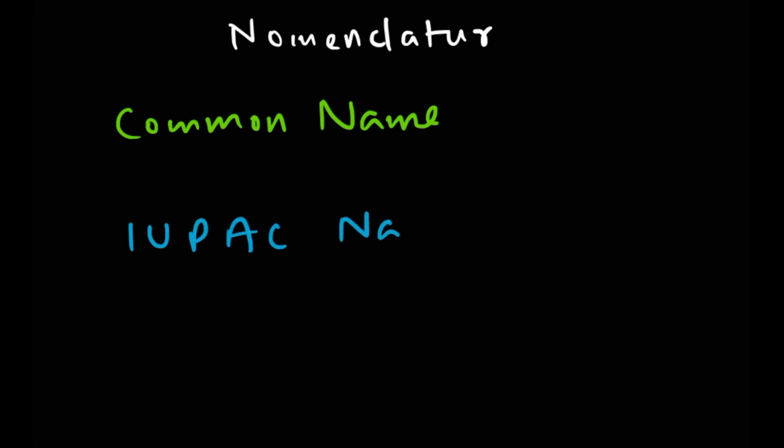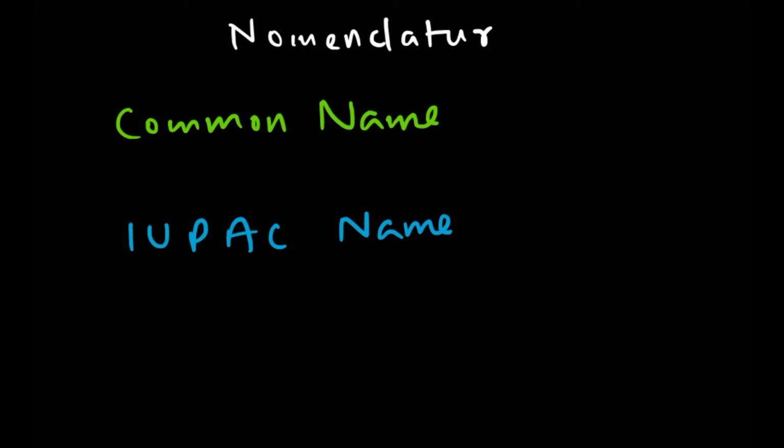Now, what is the difference between these two naming systems? Common name means that in historical times people used to give names to different substances or compounds based on their origin and other criteria. So the common name used to come first.